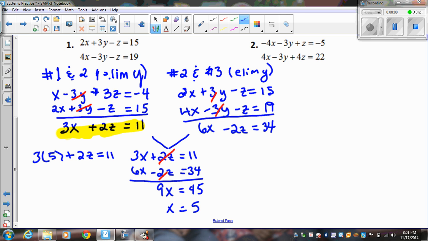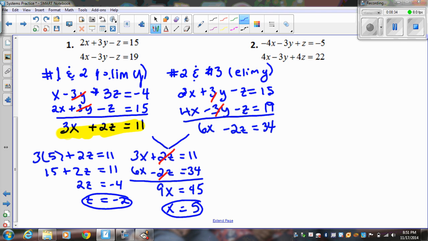So 15 plus 2z equals 11. Subtract the 15 from both sides. 2z is equal to 11 minus 15, which is negative 4. And z, then, when I divide both sides by 2, is negative 2. So far, I know that x is 5. I know z is negative 2.